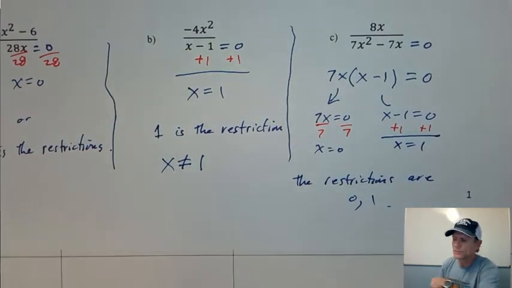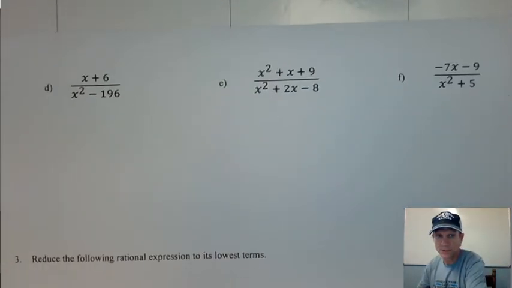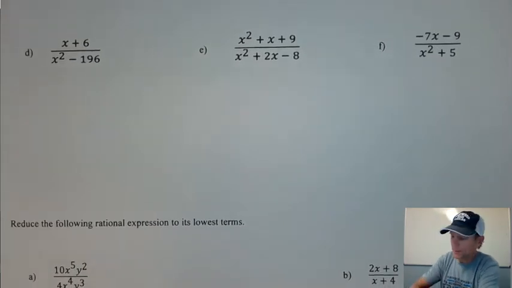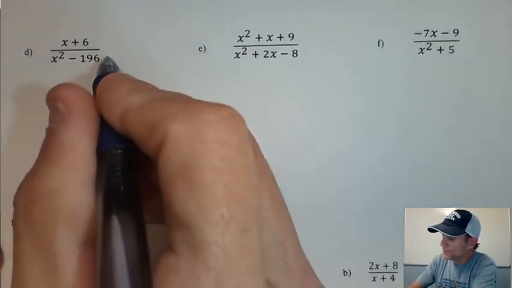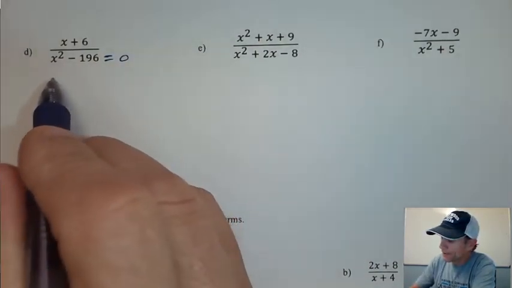All right. So let's look at a few more. We're going to change the sheet here. We got 3 more of these that we're going to take a look at. Might even add a 4th one in that isn't on the worksheet. So again, for D, we're going to take the denominator and set it equal to 0. I spot the squared on there, so I'm thinking, okay, I got to factor this.